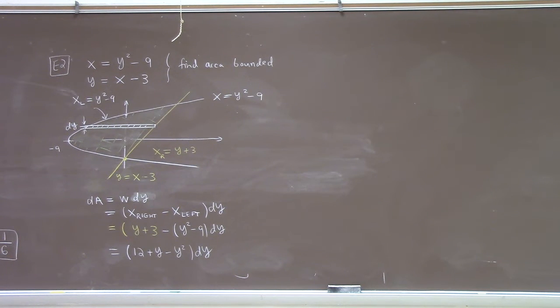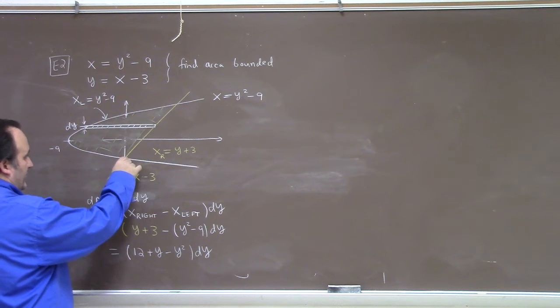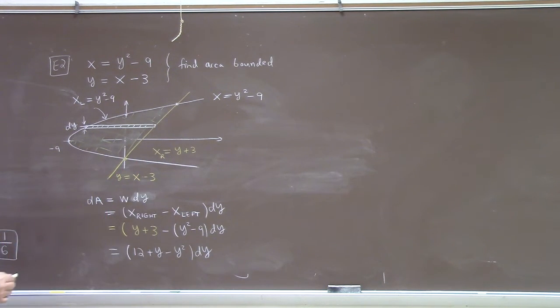But now the question that's a little bit less obvious: for what y have we drawn that rectangle? See, because this makes sense from where? From this point all the way up to that point. How do you find these points? Because those points are what inform us what we should integrate to and from.